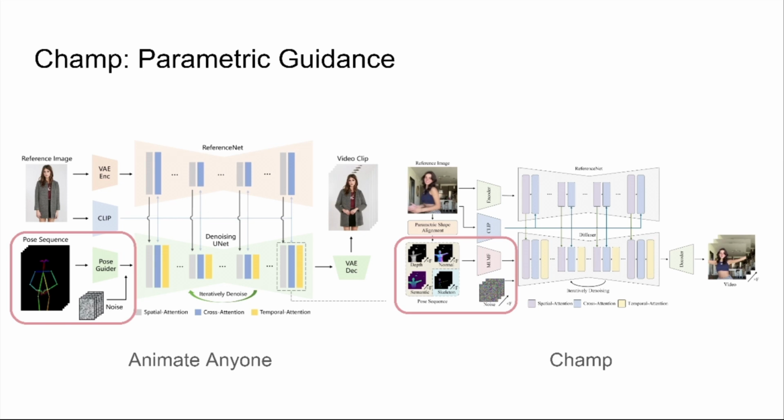So if we want to use UV mapping and also maybe depth, normal, and the skeleton together, then we have multiple channels of guidance. And this is what Champ did. So the network in Champ is the same as Animate Anyone.